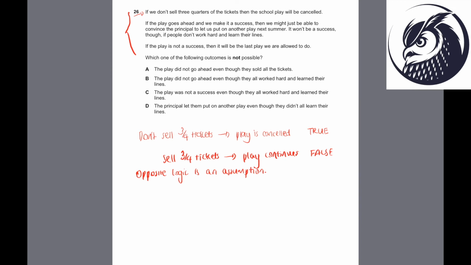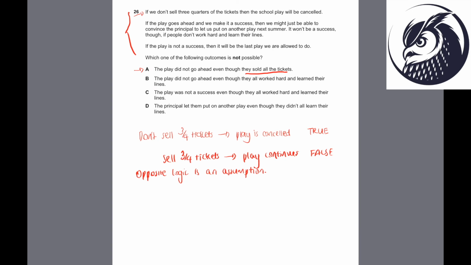And so if you now look at option A, guys, which says the play did not go ahead even though they sold all the tickets. So they sold all the tickets. Most of us will now think the play goes ahead, right? But no, remember, opposite logic is an assumption. So even though they sold all the tickets, there's still a chance that the play is cancelled, right? Because the question has not explicitly said, yes, if we sell more than 3/4 of the tickets, then the school play will continue.